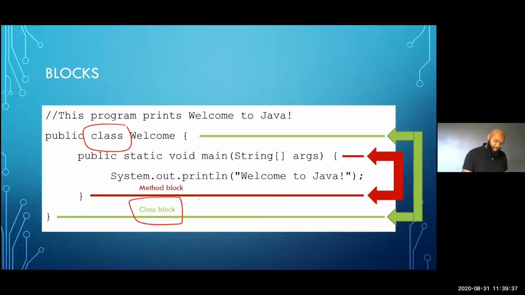But as you see, there is an open, close bracket for the main method, open, close bracket for the class. Again, the main method block and that statement within the main method block are all inside of that class block. All right, so there are hierarchies to your blocks, and it's important for organizing your code.